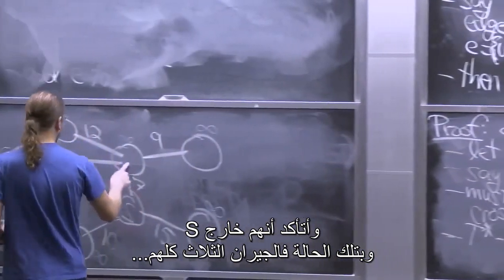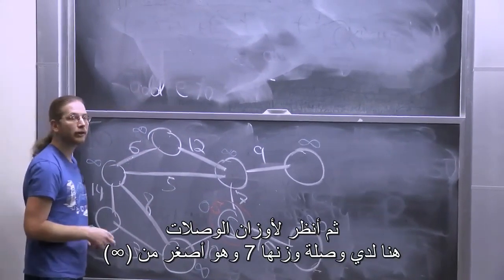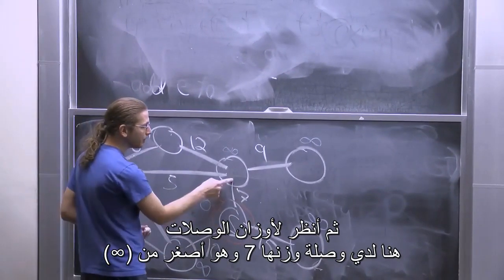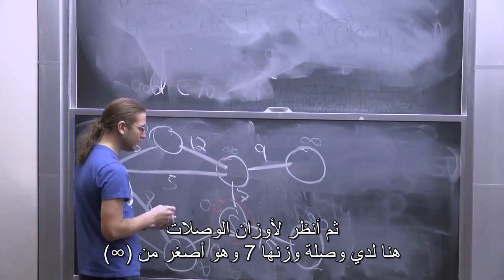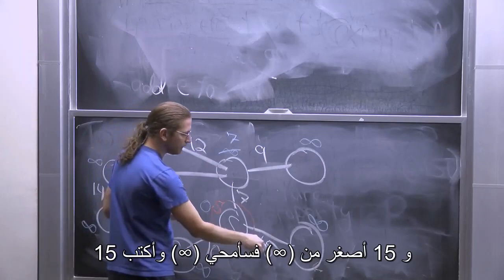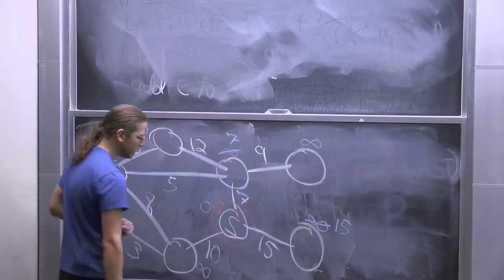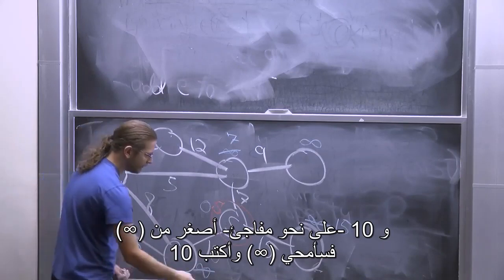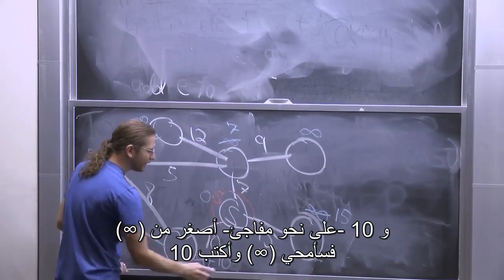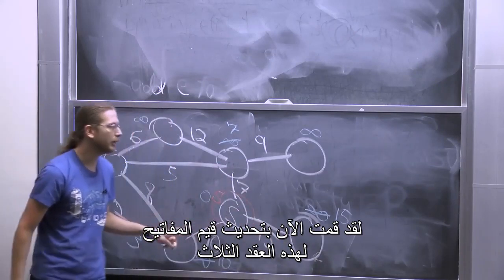All three neighbors are not in S. And then I look at the weights of the edges. Here I have a weight 7 edge. That's smaller than infinity, so I'm going to cross out infinity and write 7. And 15 is smaller than infinity, so I cross out infinity and write 15. And 10, surprise, is smaller than infinity, so I cross out infinity and write 10. So now I've updated the key values for those three nodes.